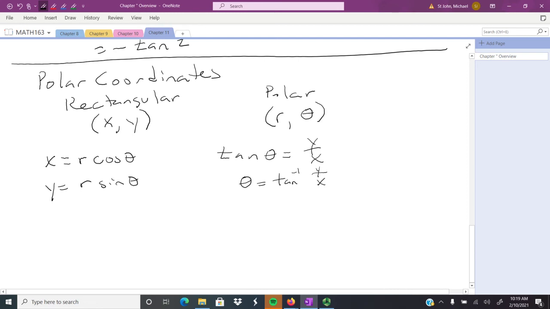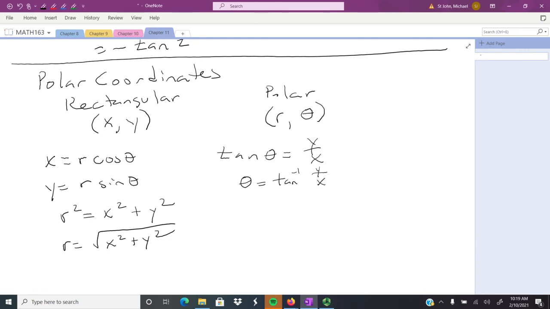And we also have that r squared equals x squared plus y squared. And r then would be the square root of x squared plus y squared. Right? So we have that.